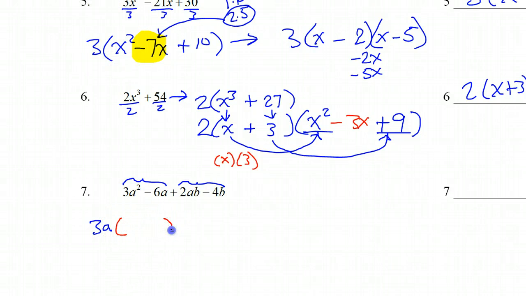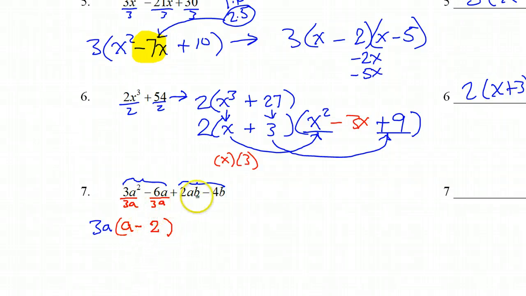And then inside, remember I'm dividing, so the 3's cancel out, 3 goes into 6 twice, and the a's cancel out. So I have 3a times a minus 2.